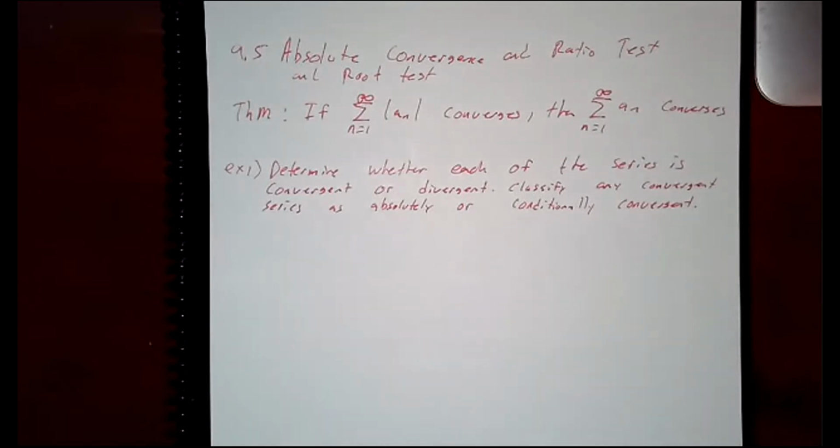All right, so what you do is you take the absolute value and then you check if it converges. If the absolute value does not, then you check the conditions.